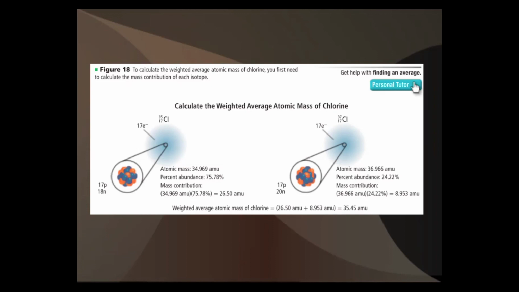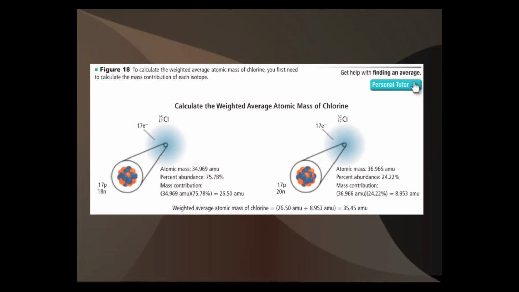So what's the formula for average mass? You get the mass contribution by multiplying the percent times the weight. Then you add up each mass contribution to get the average. So you start by taking the mass of the one individual atom and multiply it by its percent abundance.